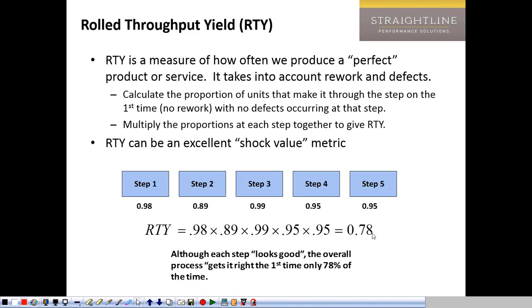And I can tell you that at one of the companies that I worked, it was a Northeast insurer, and we looked at the rolled throughput yield of getting provider data, that's the doctor's data, in correctly, and loading it through like 3 or 4 steps. So loading provider data.